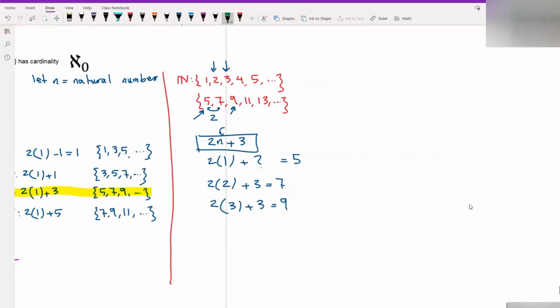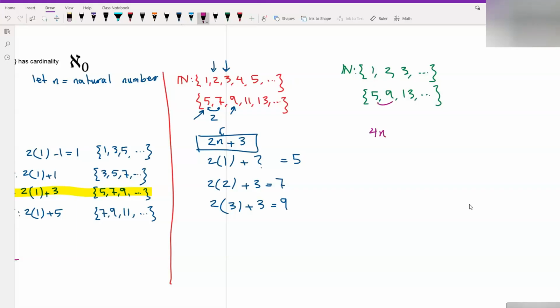For example, what if our given set was, instead of 5, 7, 9, 5, 9, 13, this one? And we have natural numbers 1, 2, 3. Find the one-to-one correspondence. What is the first step?